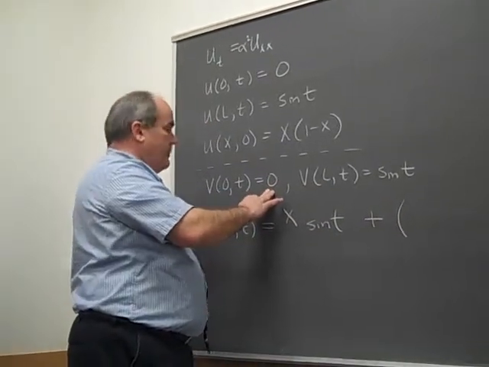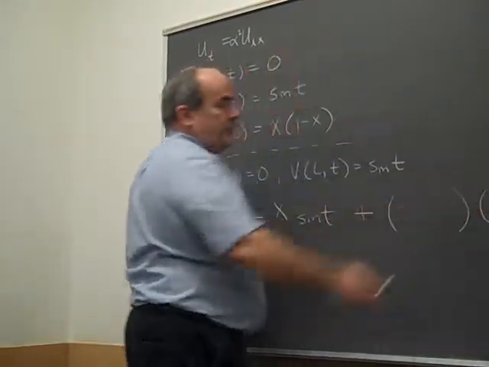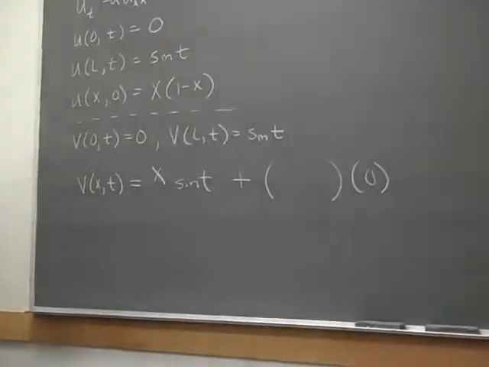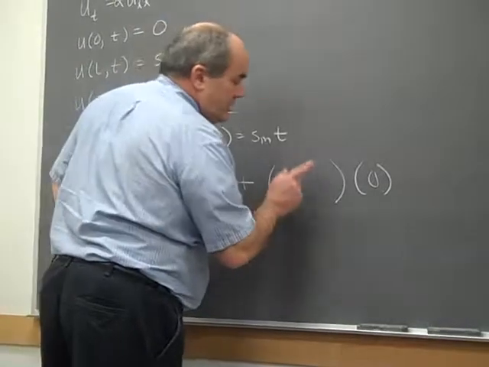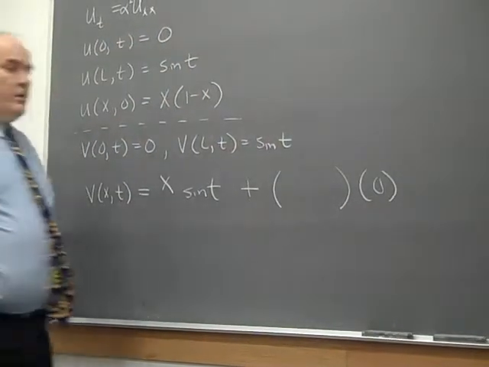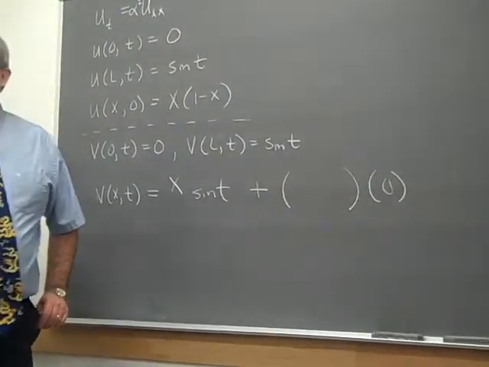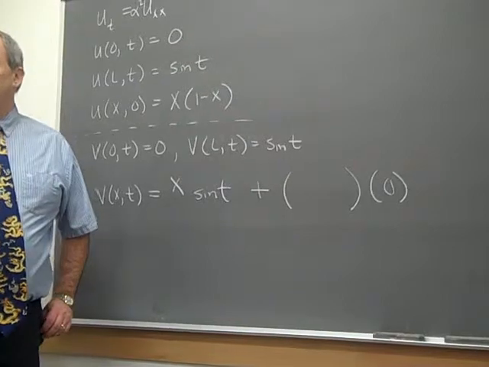So I'm going to have something times my 0, and ignore the fact that that's 0 for a second. I need this something to be 0 when x is equal to L. X minus L. But I also need it to be equal to 1 when x is equal to 0.